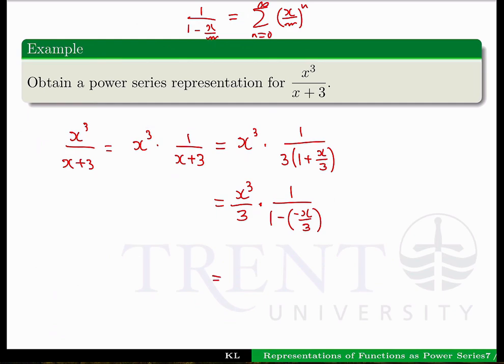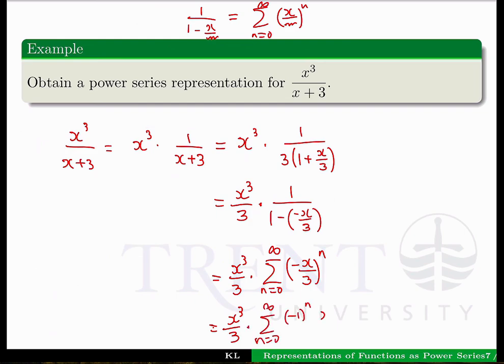Which means we have x cubed over 3 times the summation of negative x over 3 to the n, from 0 to plus infinity, which is equal to x cubed over 3 times the summation from 0 to plus infinity of negative 1 to the n, x to the n over 3 to the n.